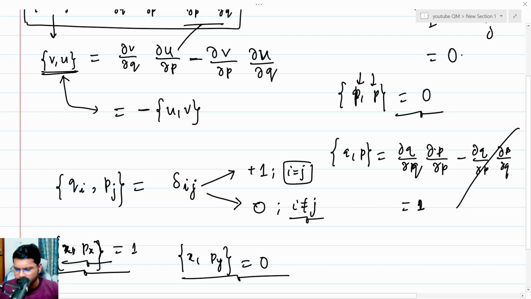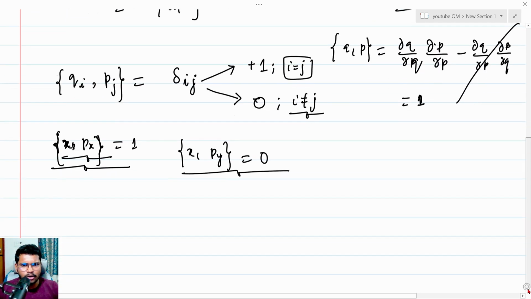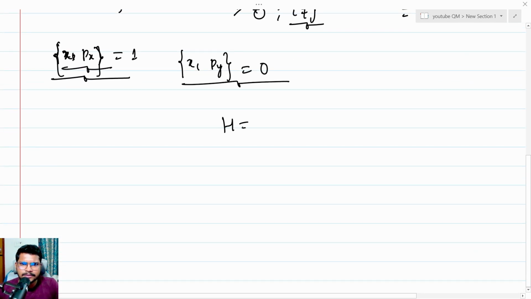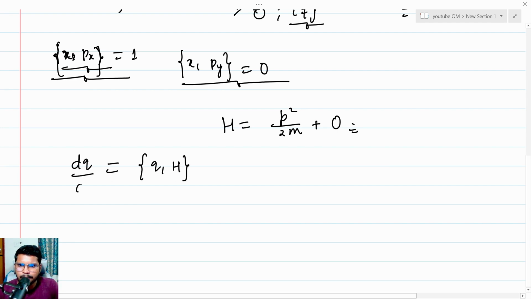Right? Similarly, let's say that I have H, and H is equal to p square by 2m. There is no potential energy. Now I want to find what happens with q and H. Q and H simply tells you how the position is going to change. Therefore, it's simply the bracket of q with p square by 2m.